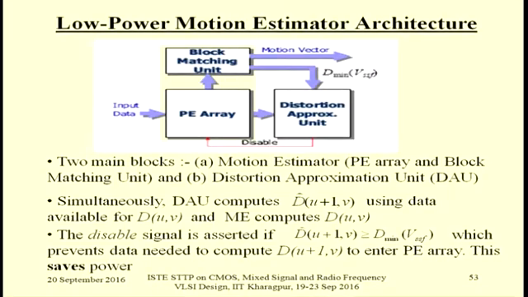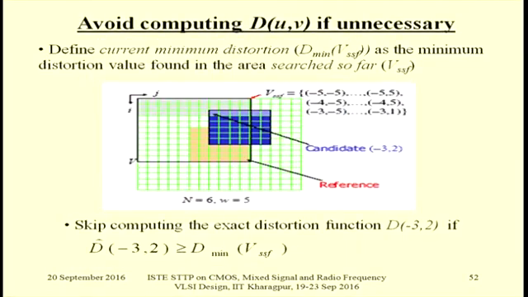But the detailed discussion will involve the motion estimation algorithm and architecture. That will be taken up in the next discussion. Basically it suffices to say that whatever operations we do, we have to be on the lookout for operations which can be avoided.